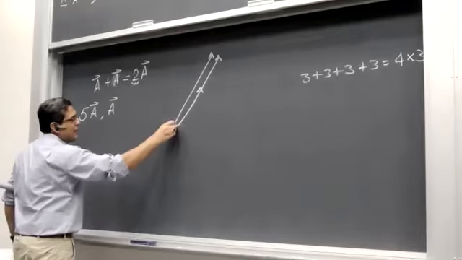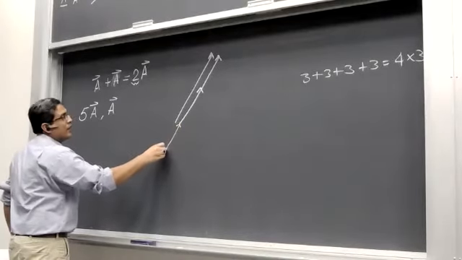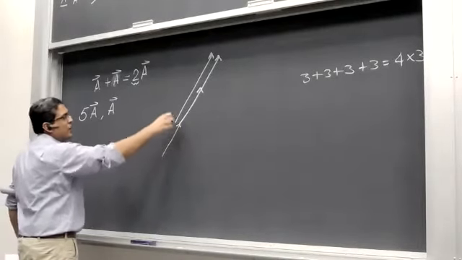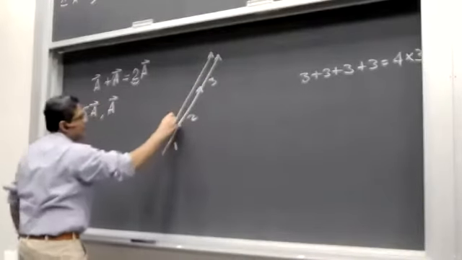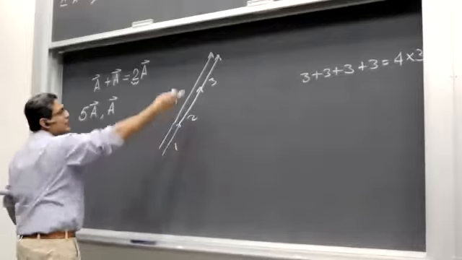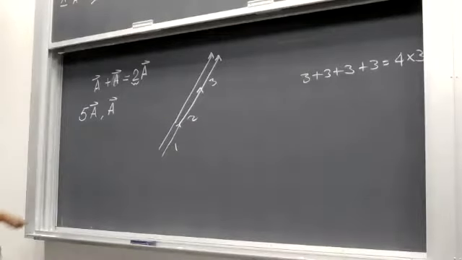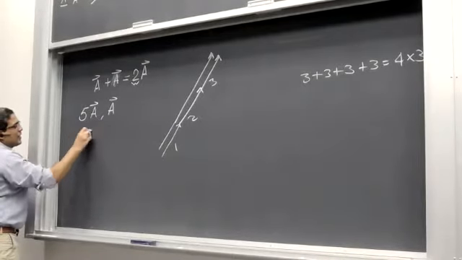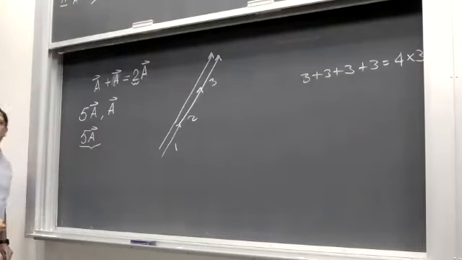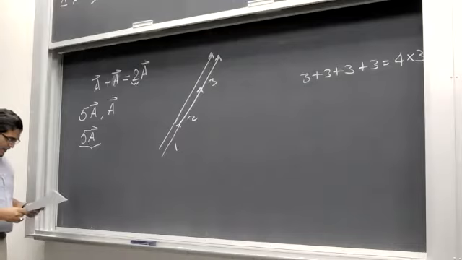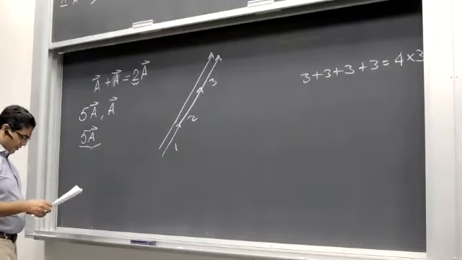Just imagine that I've joined 5 vectors, 1, 2, 3, and so on, and made a bigger vector. So that's the vector addition. That allows us to multiply scalars with vectors. So this is an allowed operation. You can multiply a scalar with a vector. This is the second rule of vector calculus.